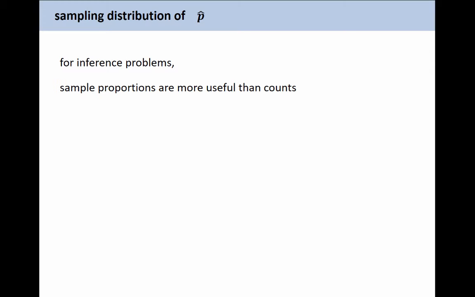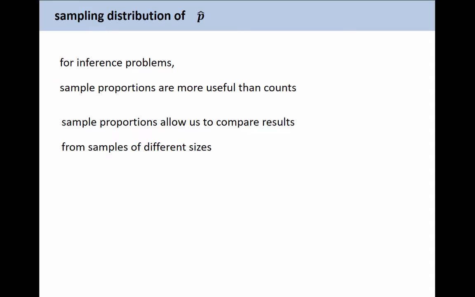We also want to talk about the sampling distribution of p hat, partly because for a lot of inference problems, sample proportions are going to be more useful than counts because proportions will allow us to compare samples of different sizes. That's important in applied work, but the way we're going to get at p hat is through the count.